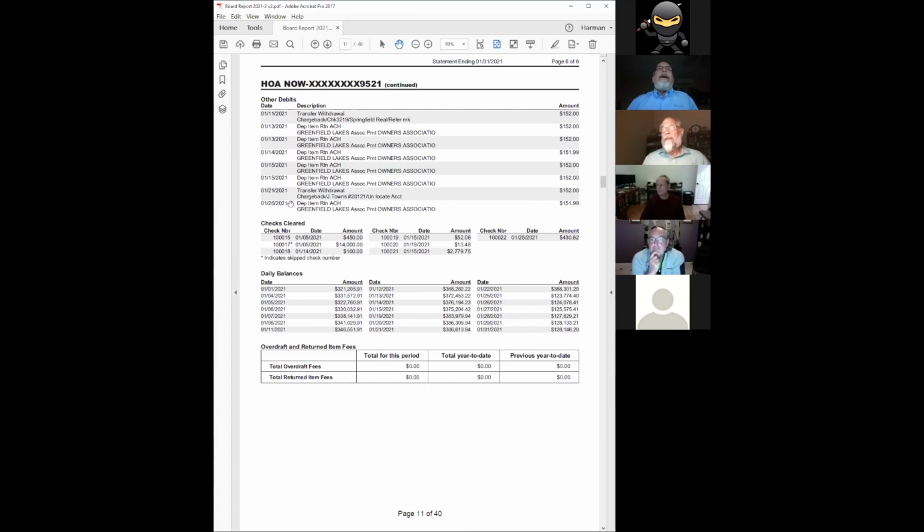Okay, that's actually an ACH. So what happens, we have homeowners that are on automatic payment, and that's called an ACH. We take it directly from their checking account, and we look at every one before we actually pull them. And if they literally had a 1 cent credit, we would only take $151.99 because they had a 1 cent credit on their account. So if they had a $10 credit, we take the $142.